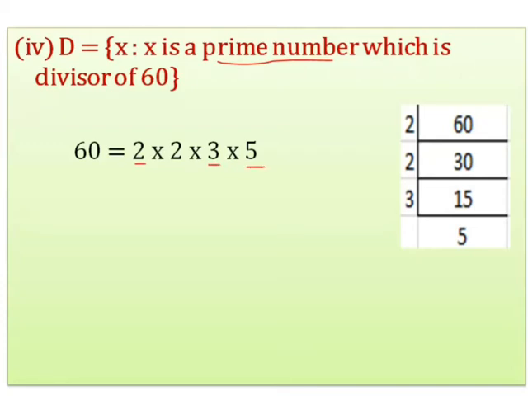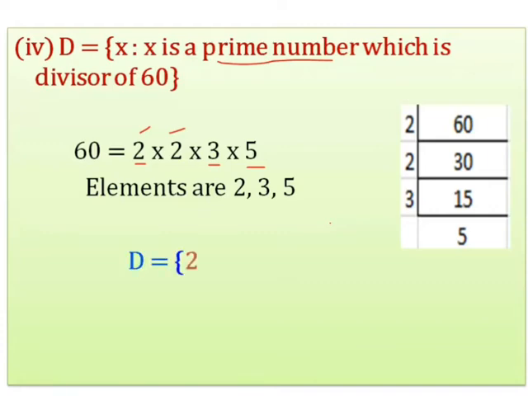A prime number is a number which is divisible by 1 and by the number itself. So the elements are 2, 3 and 5. Here 2 is written 2 times, but while writing in the set, we have to write it only once. The elements should not be repeated. Hence the set D is equal to 2, 3, 5.